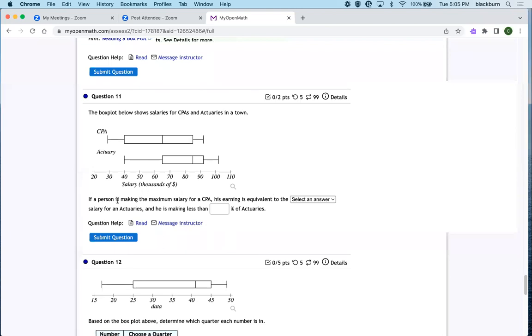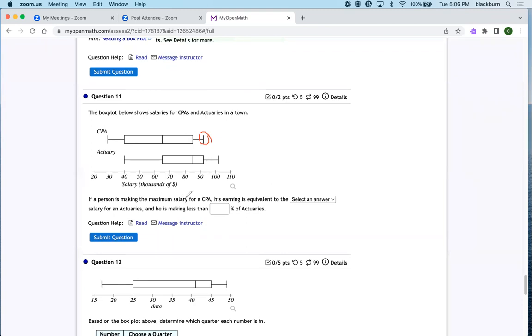All right. If a person is making the maximum salary for a CPA, so the maximum salary is going to be, can you all see my arrow when I'm circling? Maybe I'll just draw it. Here we go. Maximum salary for a CPA is represented by that vertical bar right there. So the maximum salary for a CPA is just to the right of $90,000.